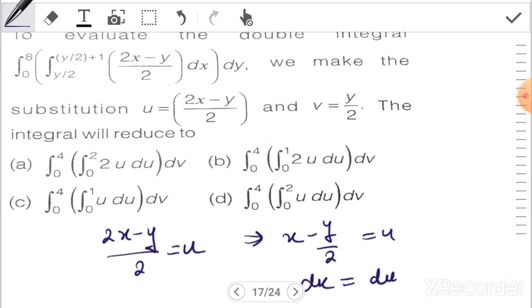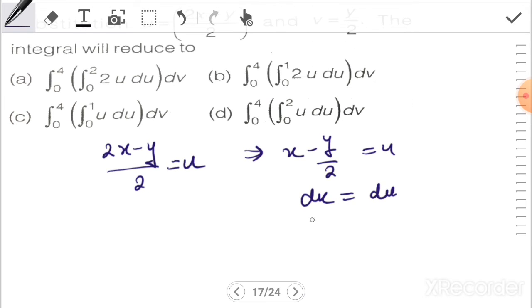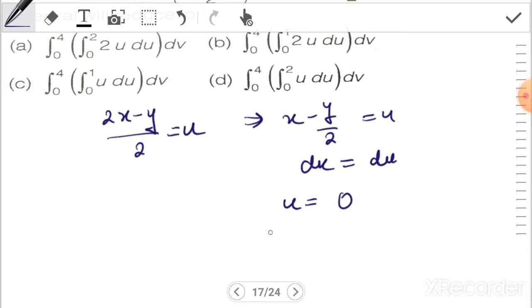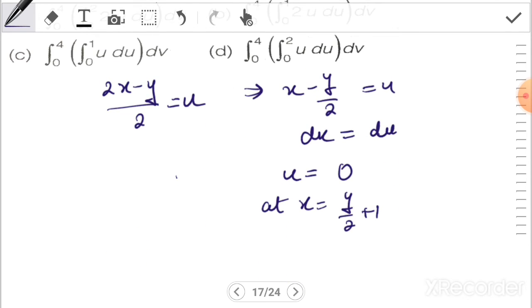and at x is equal to y by 2, we have u as 0, y by 2 minus y by 2, and at x is equal to y by 2 plus 1, u is equal to y by 2 plus 1 minus of y by 2, that is 1.